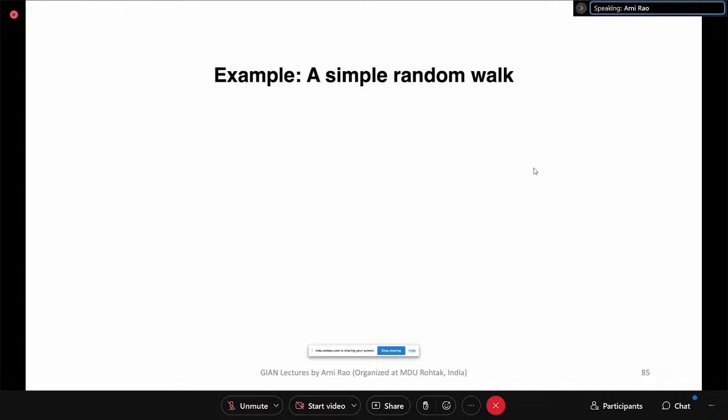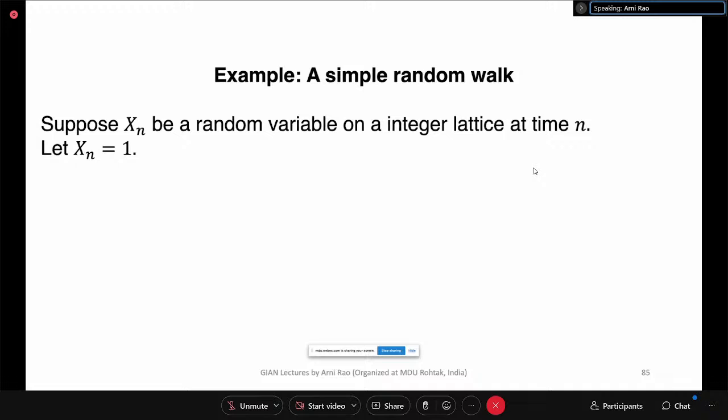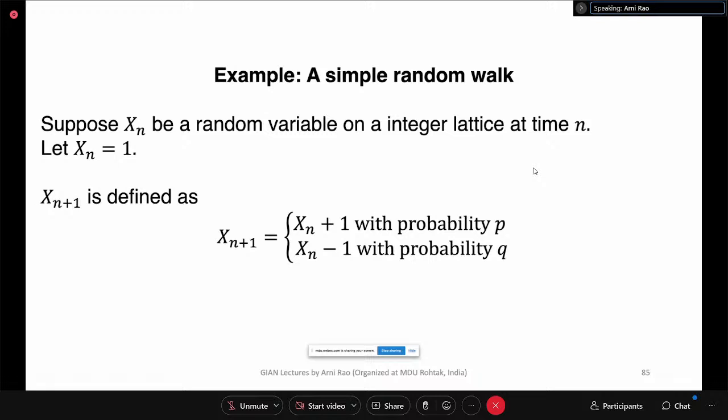Let us understand the random walk. You already have some idea, given the examples and other things we discussed. Suppose Xn is a random variable on an integer lattice. Integer lattice means integer numbers on the number line, with 0, and Xn equal to 1, meaning at the nth step the value is 1.